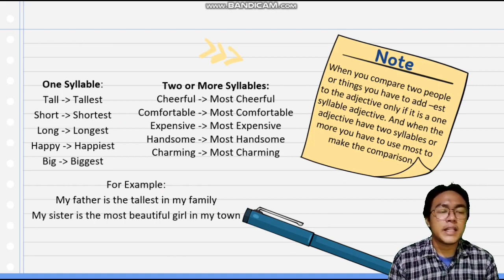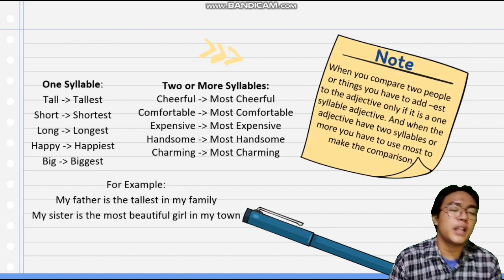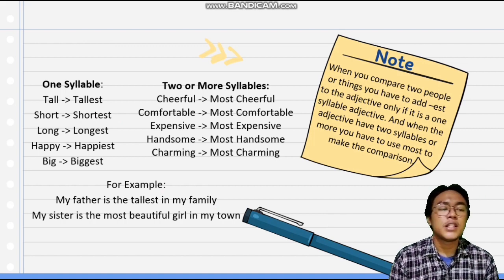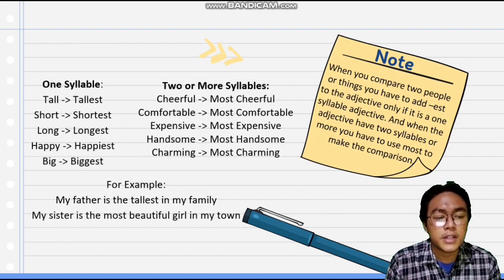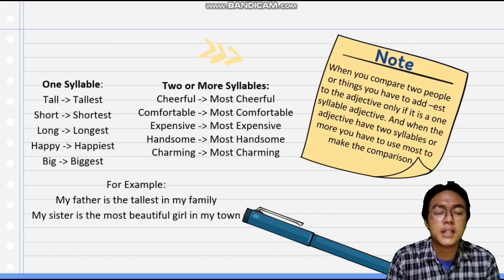The examples for one syllable are tall to tallest, short to shortest, long to longest, happy to happiest, and big to biggest.